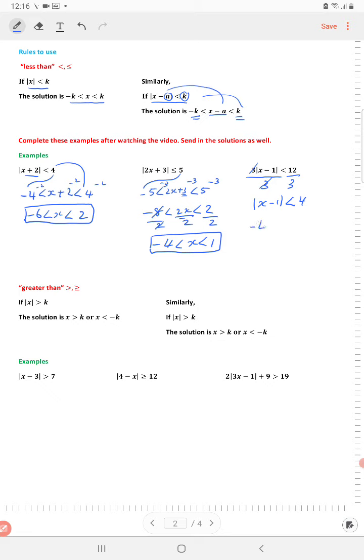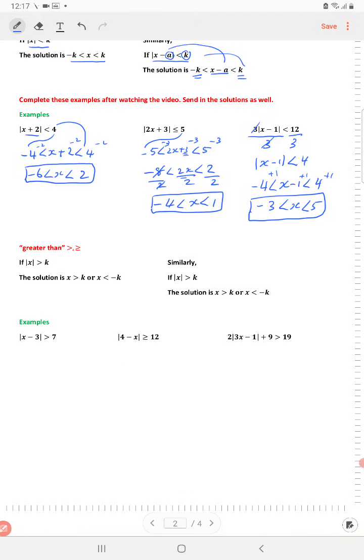So write minus 4 on the left, x minus 1 less than 4, and solve. So cancel the 1, minus 4 plus 1, minus 3, less than x, less than 4 plus 1, 5. Okay, so this is how you do the less than problems using that procedure.